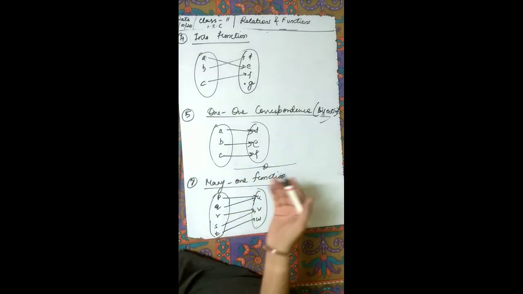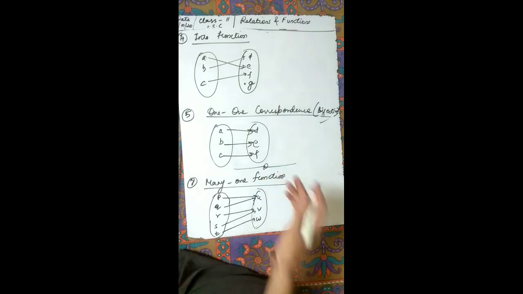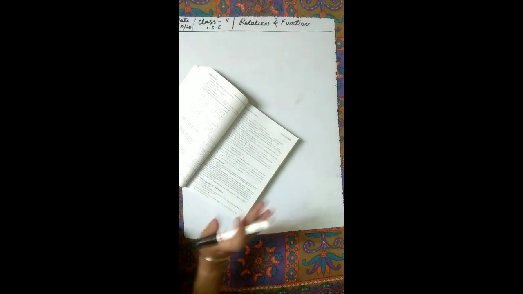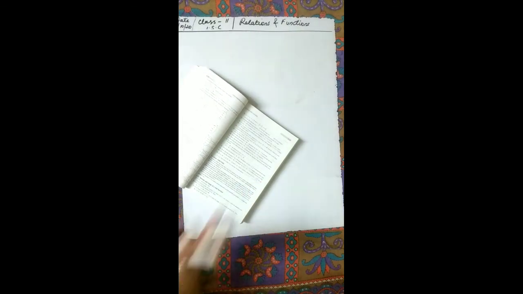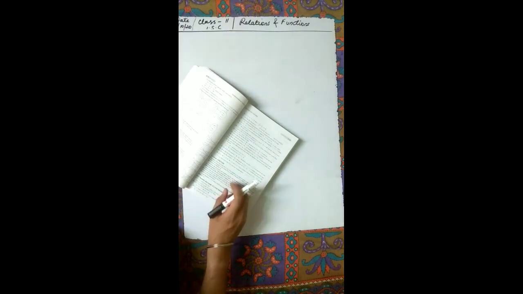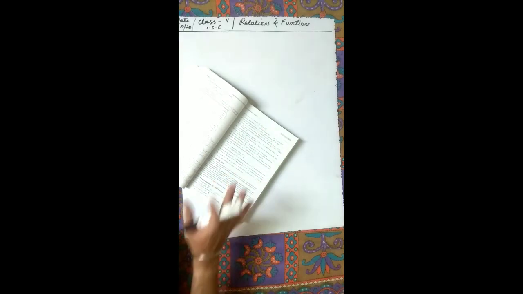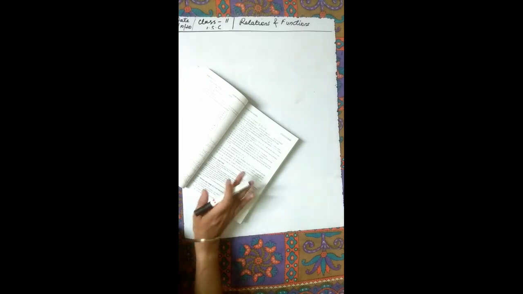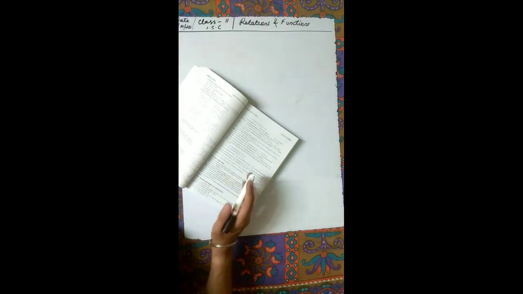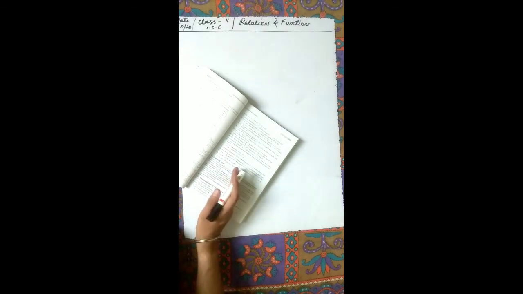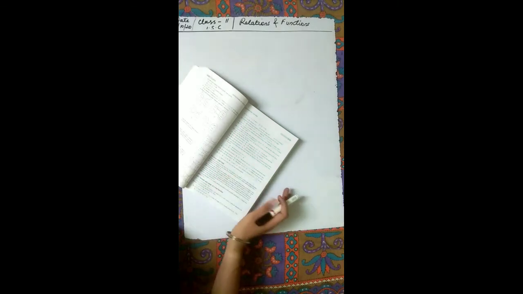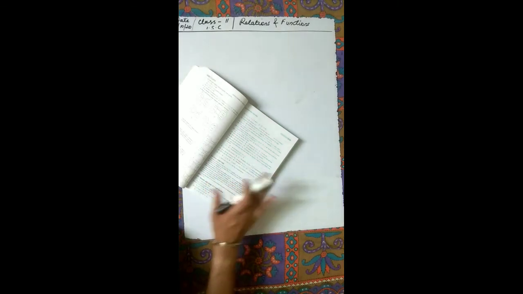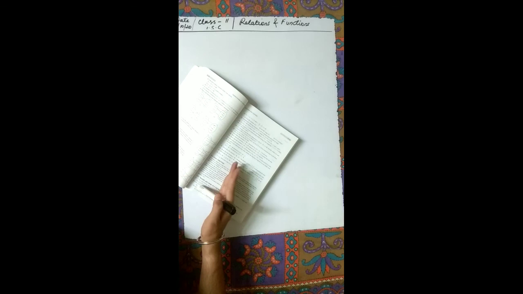Now let us take the questions and understand. Regarding the questions, you do in the book up to question number 10. Up to the 10th, what they have asked is whether relations are functions or not. You will be given one question, and you need to detect whether this relation can be a function or not.